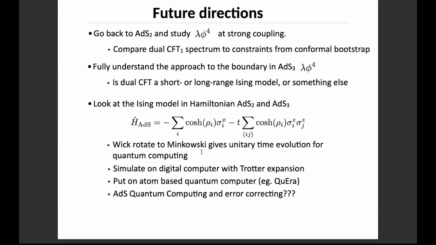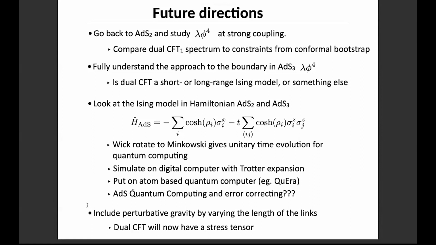We could Wick rotate it to put it in Minkowski space. We could then simulate it on a digital computer, a normal computer, with a Trotter expansion, but then we could put it on an atom-based quantum computer, or just simulate it with Qiskit and on IBM. There's a whole host of things we could do. We could just basically study it with a quantum computer, right? So maybe this is the beginning of a whole subfield of AdS quantum computing and error correcting.